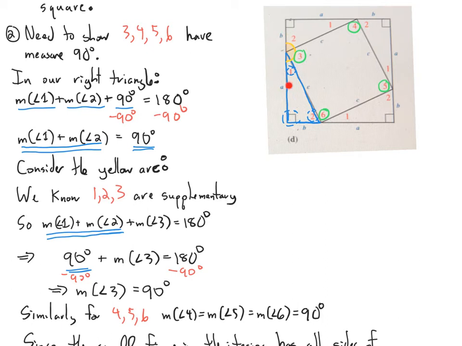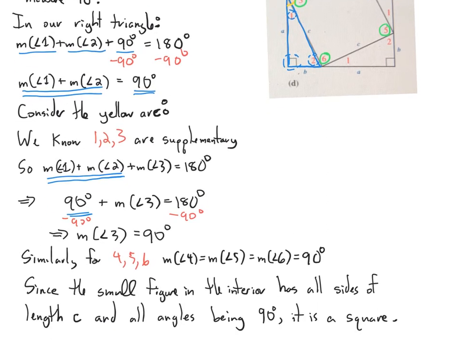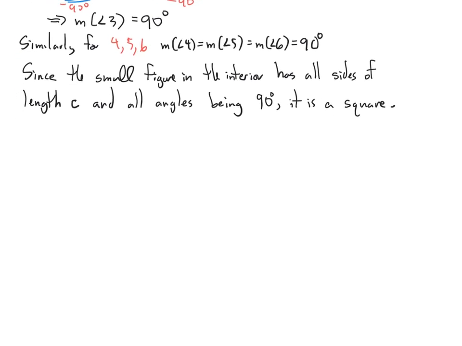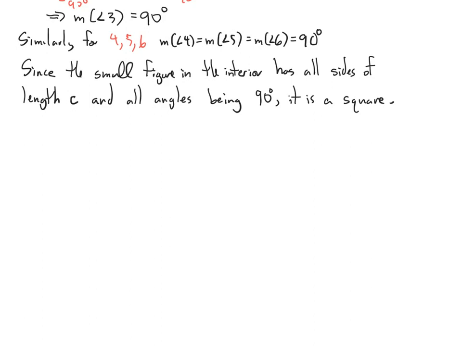It should equal the area of the square with side length a plus b. So that's part 3. We're going to equate those areas and do a little bit of algebraic manipulation and show that a squared plus b squared must equal c squared. So this is part 3. We're calculating the area in 2 different ways.